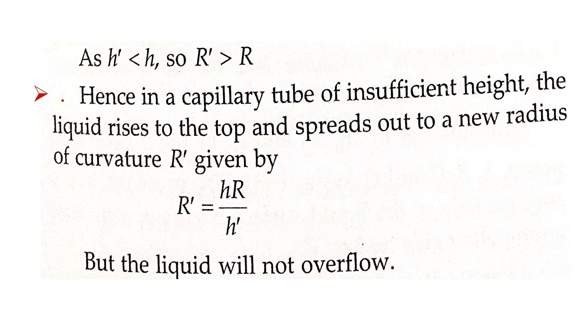As h dash is less than h because it is of insufficient height, R dash must be greater than R. Hence we conclude that in a capillary tube of insufficient height, the liquid rises to the top and spreads out to a new radius of curvature R dash. And R dash is given by h divided by h dash into R. But the liquid will not overflow.